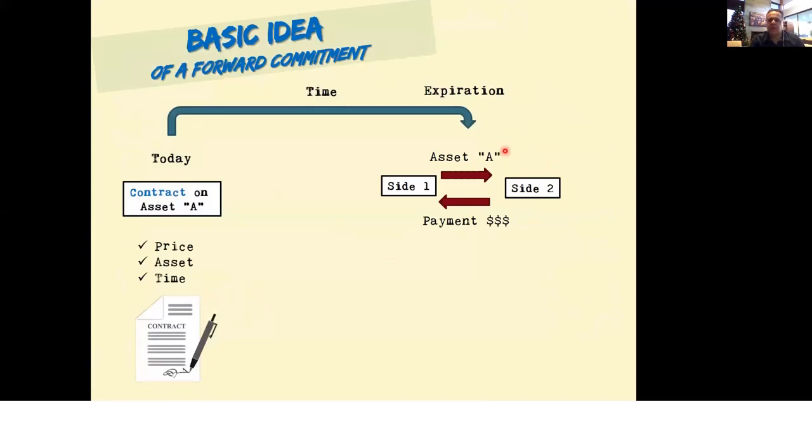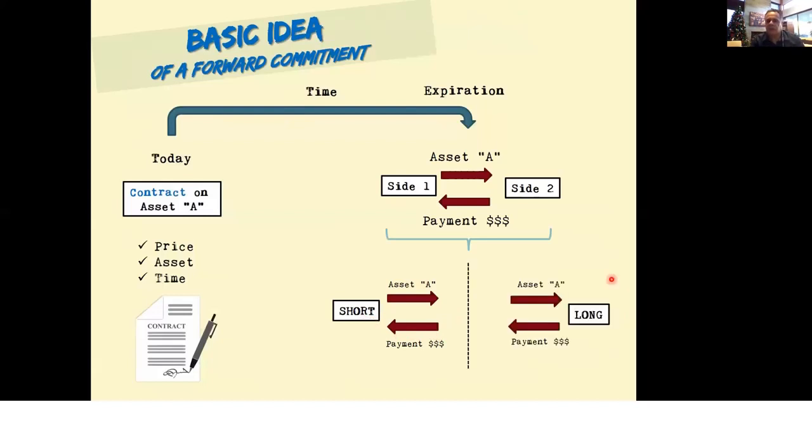At expiration, you either have side 1 or side 2, depending on which was your position on day zero. So if you take side 1, in which you deliver the asset and receive the payment at expiration, that's a short position. And similarly, if you take a long position, that will mean that you will receive the asset and deliver the payment.